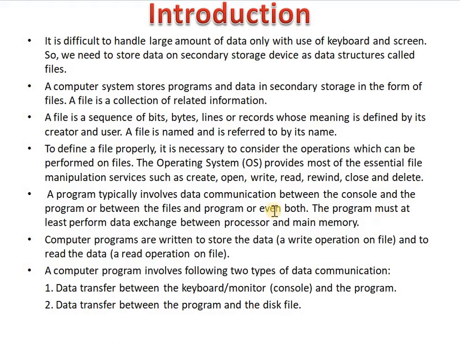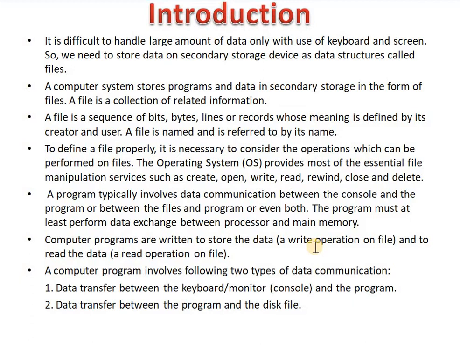The program must at least perform data exchange between the processor and main memory. Whenever the program is executed, there is a data exchange between our computer's processor, our computer's CPU, and our main memory. Computer programs are written to store data, that is the write operation on a file.